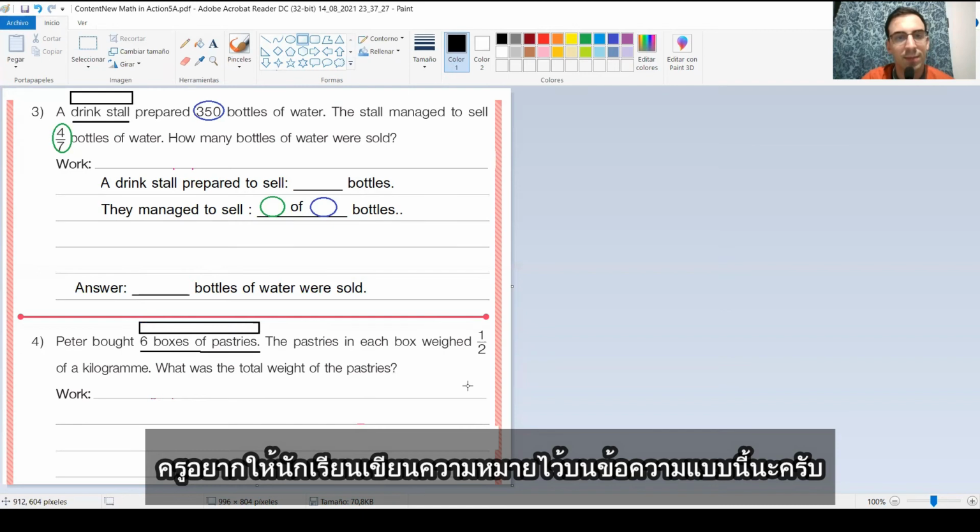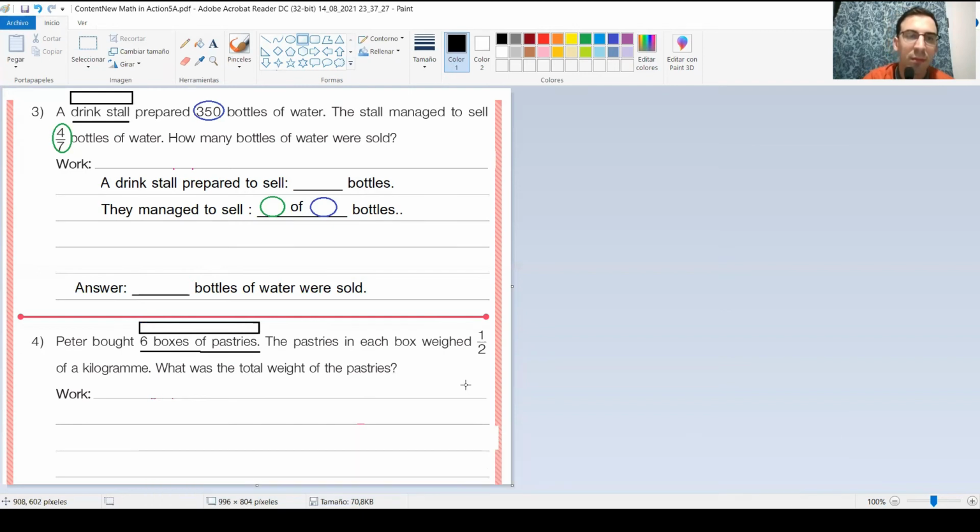And then each box of pastry weighed 1/2 of a kilogram. Okay, so 1 box of pastry weighed 1/2 of a kilogram.